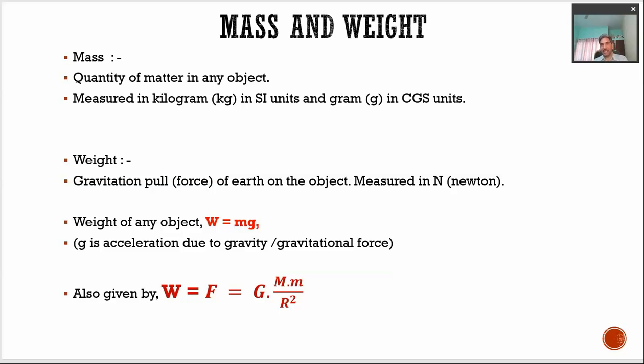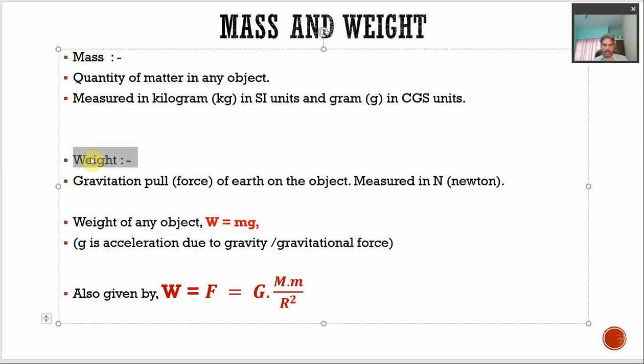And of course it depends upon the mass of the individual object also, because Newton's law of gravitation says that the gravitational force between any two objects depends directly on the masses of the two objects. So an object having more mass will have more gravitational pull towards the earth. You can understand it that way.